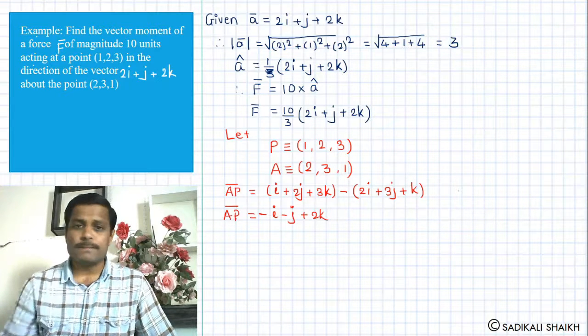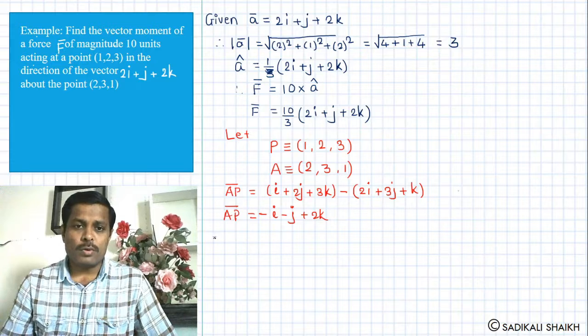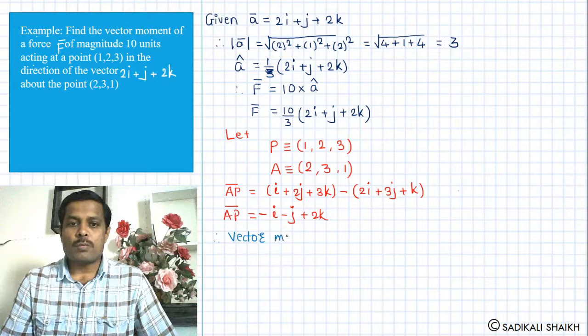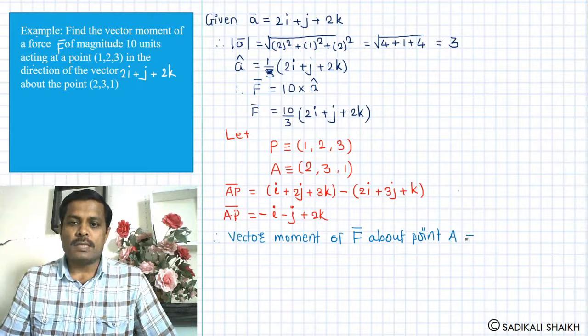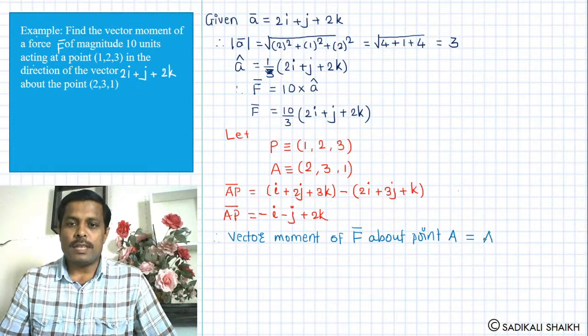So I am writing therefore vector moment of the force F bar about the point A, and this is equal to AP bar, this vector cross with F bar.